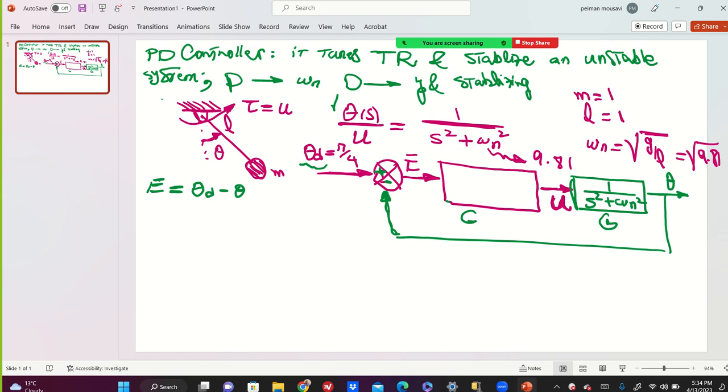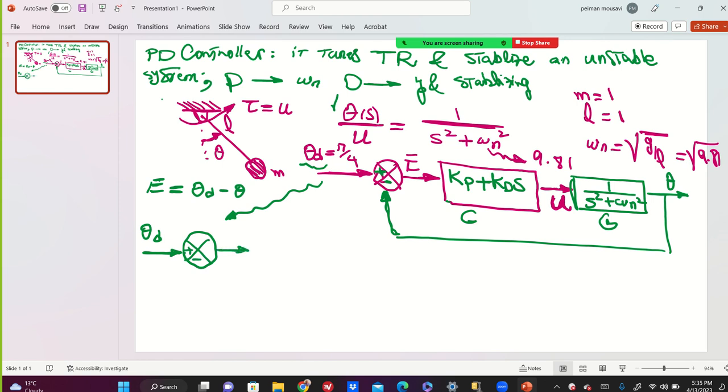So in the previous class, I introduced you to the PD controller, Kp plus KDS. And if you remember, we ended up simplifying this block diagram. Theta d, desired angle, plus minus.